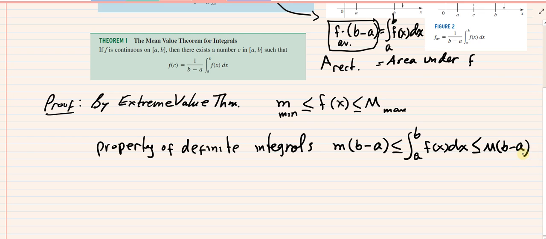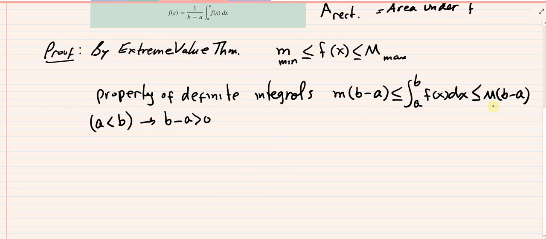Now in here, remember when we write the definite integral from a to b, that implies a is less than b. So if a is less than b, then b minus a is positive, the difference between them will be positive. And in this inequality, if I divide everything by b minus a, I don't need to change the direction of the inequality.